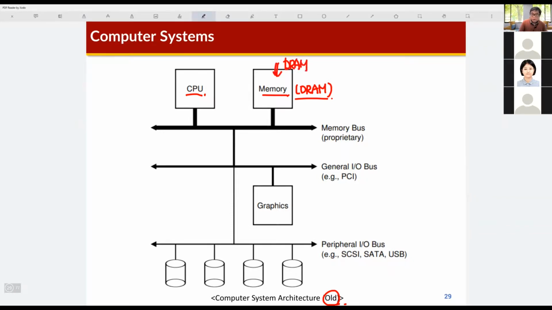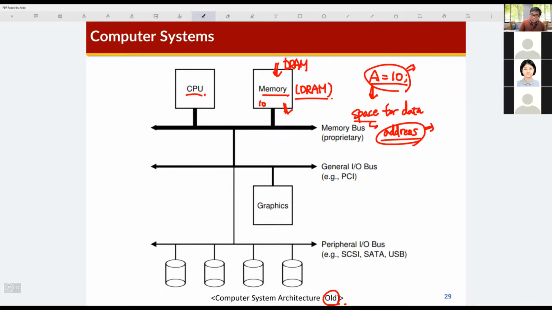If you write code such as A equal 10 in C, then that means this is the space for data, and this space is specified by an address. That means it is some place inside of memory. So A equal 10 means that the data 10 is stored in the memory, right?